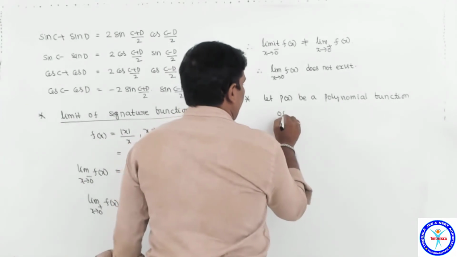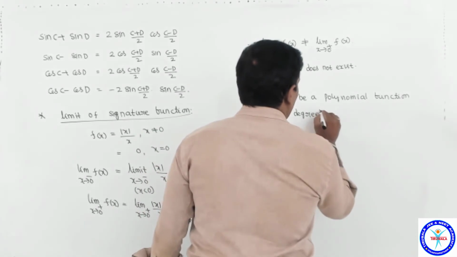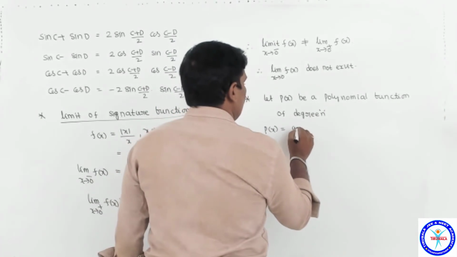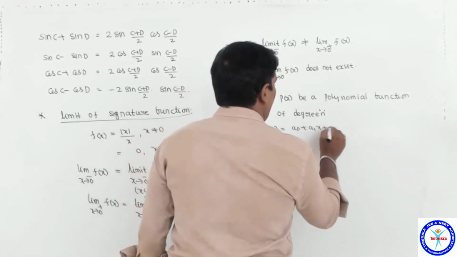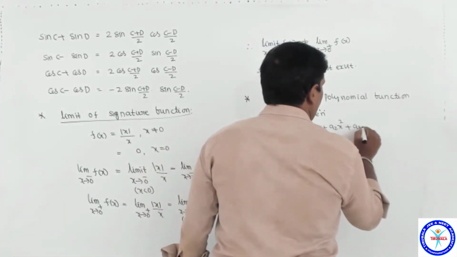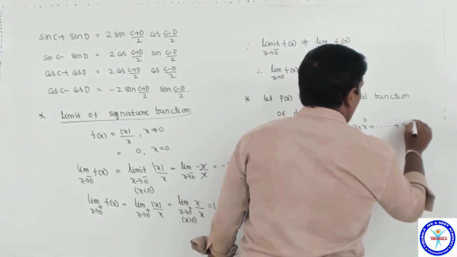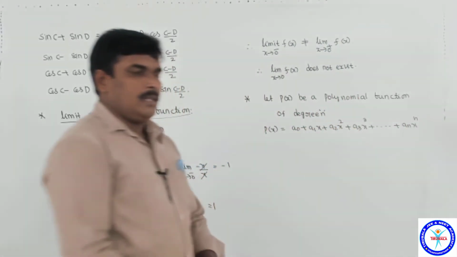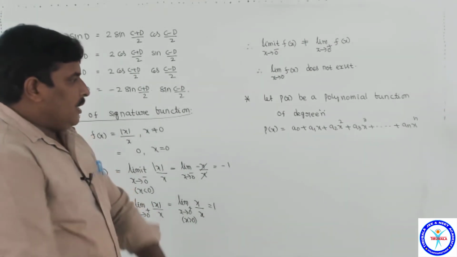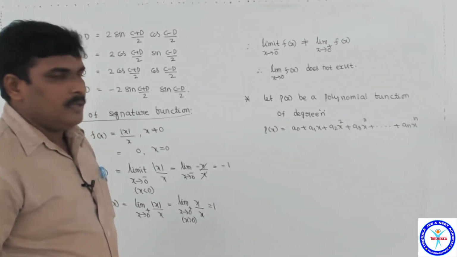Then p of x equals a0 plus a1x plus a2x square plus a3x cube plus ... plus an x power n.